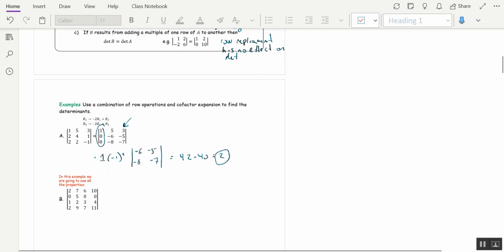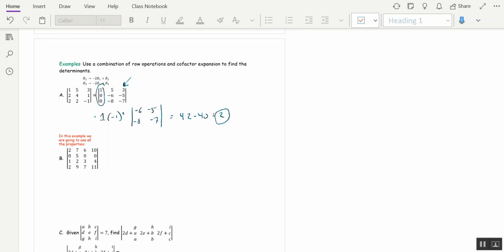All right, the next example I chose because I'm going to do one of each of the properties to illustrate how it works. I'm going to start with cofactor expansion on the second row. So this is 5 times -1 to the 4th power, and then the subdeterminant, where I cross out second row, second column: 2, 6, 10, 1, 3, 4, 2, 7, 11.